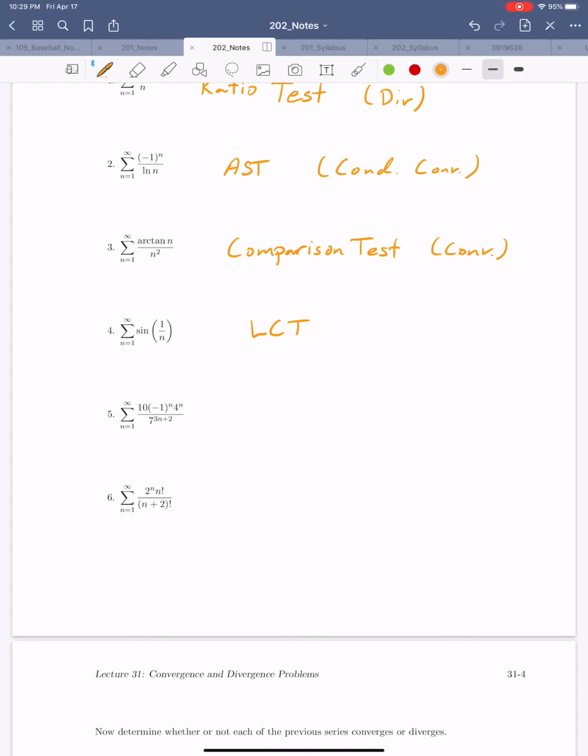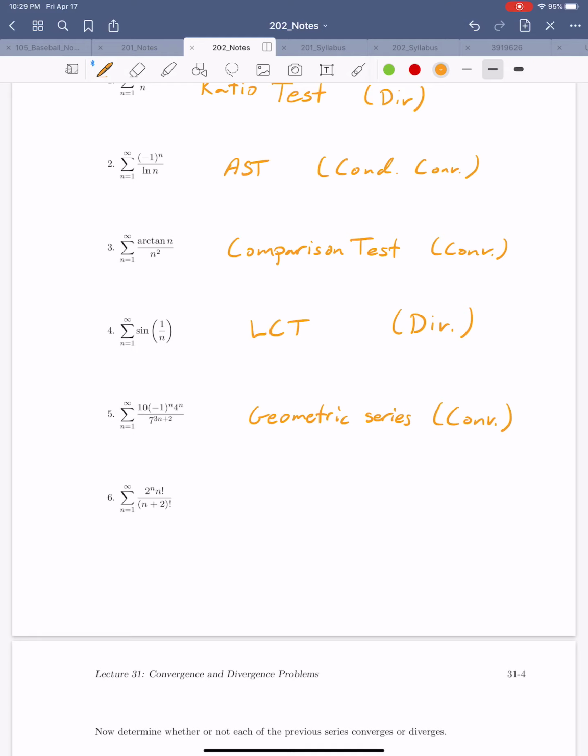Try a clever comparison maybe to something a bit more familiar. Number 5, as complicated as it is, you could turn this into a geometric series. And looking at it, it looks to me like it should converge, I believe. By the way, for this one, number 4, it's a divergent series.